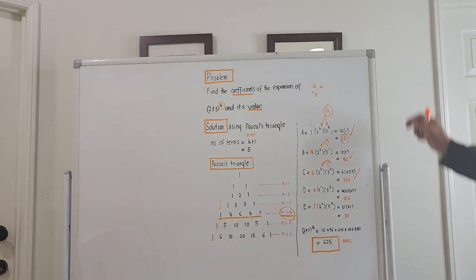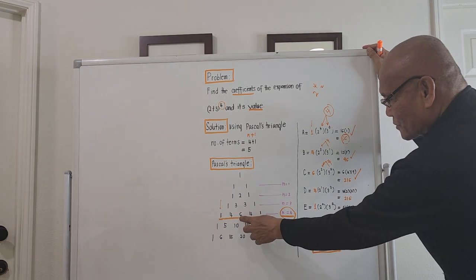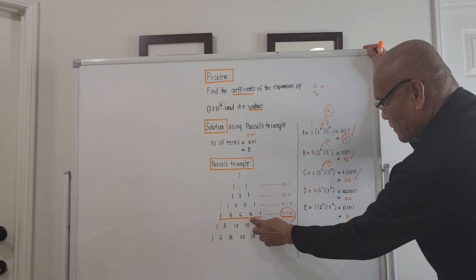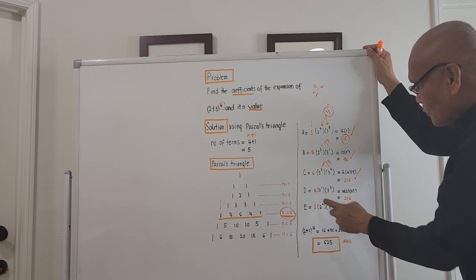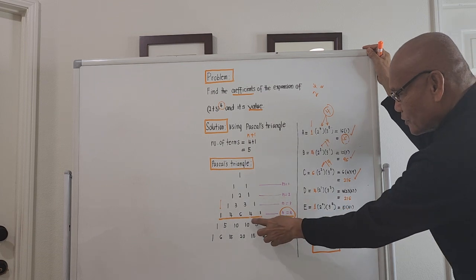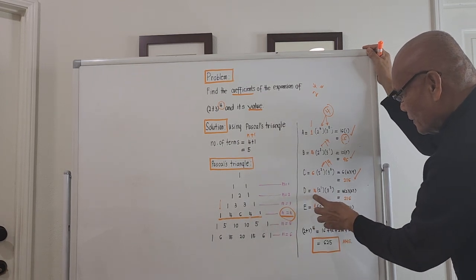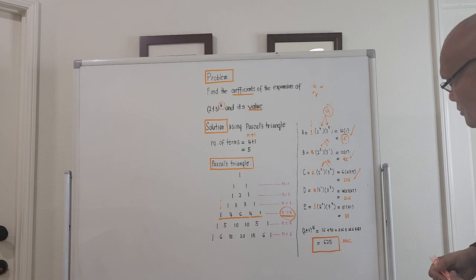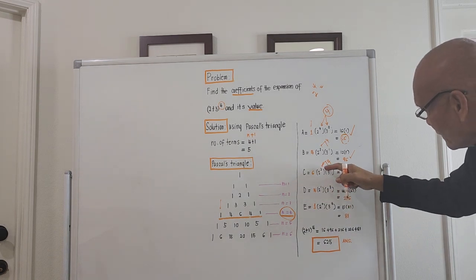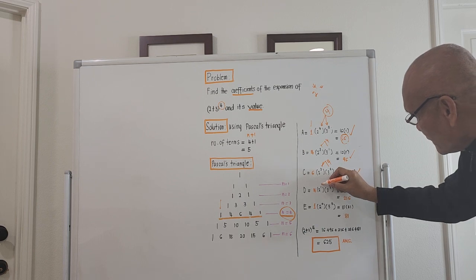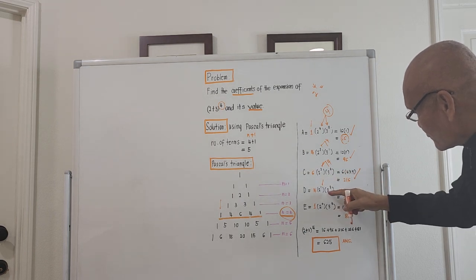Next one. We are now through with this, right? We are on the fifth one. The coefficient of the fifth term is actually 4. It emanates from the Pascal's triangle. So this is 4. The first term is 2. The power now will be 2 minus 1, which is 1. The second term is 3.